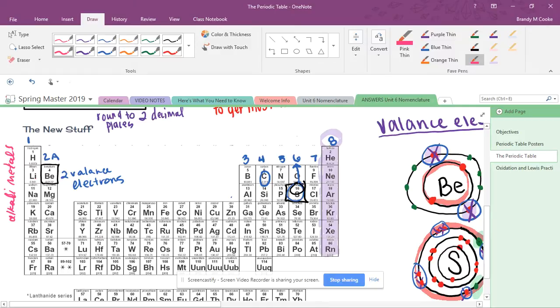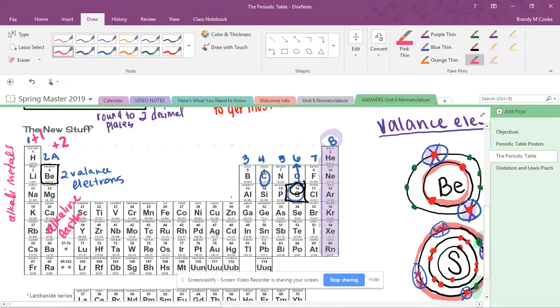And if they lose that 1 negative, they're going to become positive. So their oxidation number is +1. Then here we have these alkaline earth metals, and those guys have 2 valence electrons, which they're going to lose in order to be happy, so they're going to have a +2 charge.